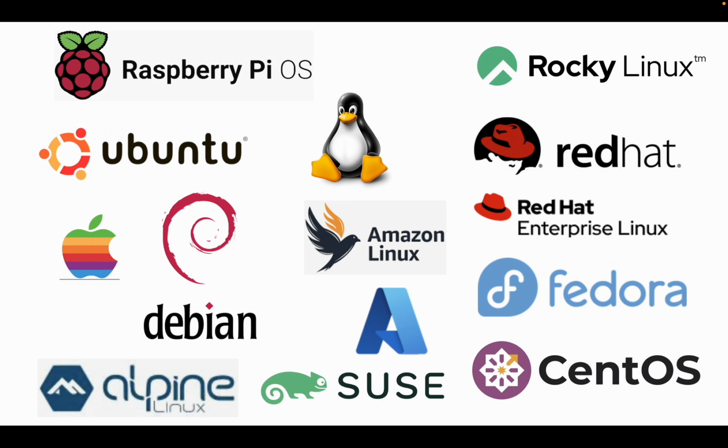And Debian is the other one. Lots of flavours come off that. Ubuntu's one that's nice and easy to use, and Raspberry Pi OS is a Debian flavour as well. macOS originates from a different one, and we've got Amazon Linux and Azure Linux used in the cloud. Alpine is a tiny version, and SUSE has been about for a long time. SUSE runs on mainframes.